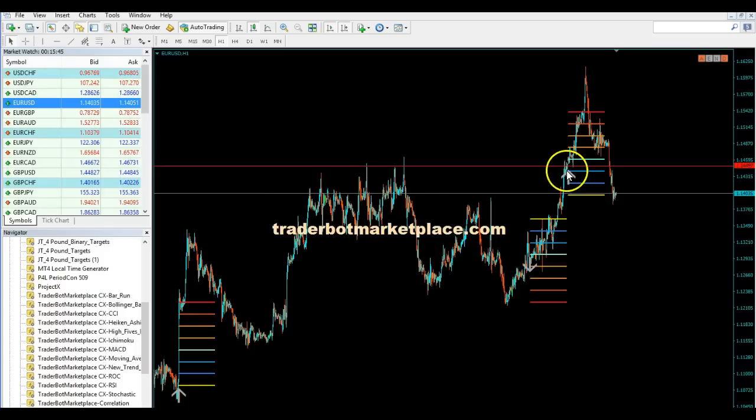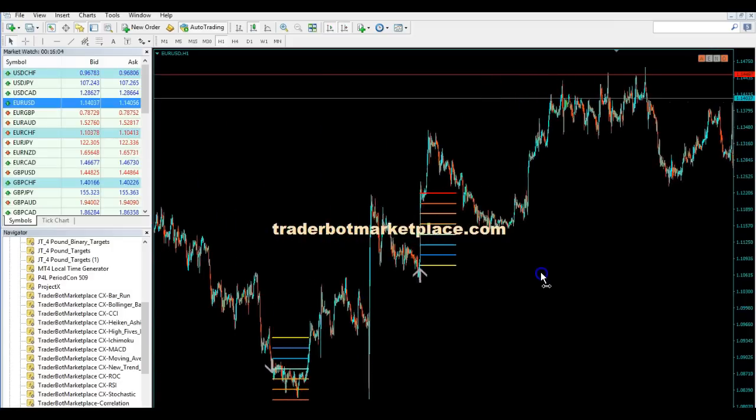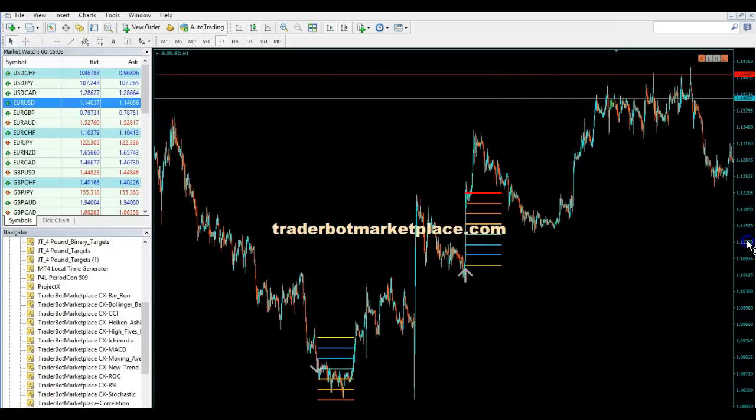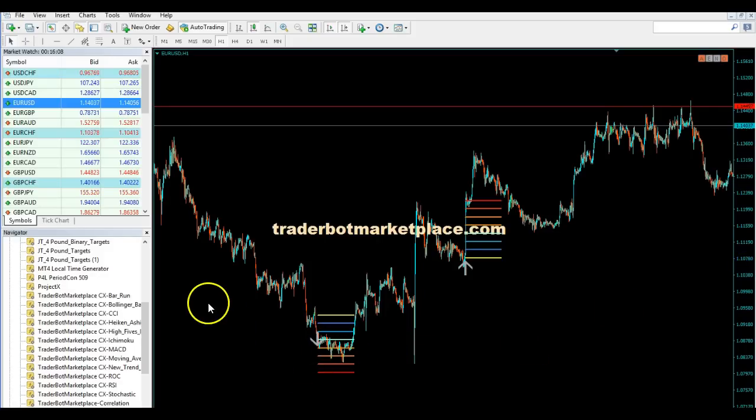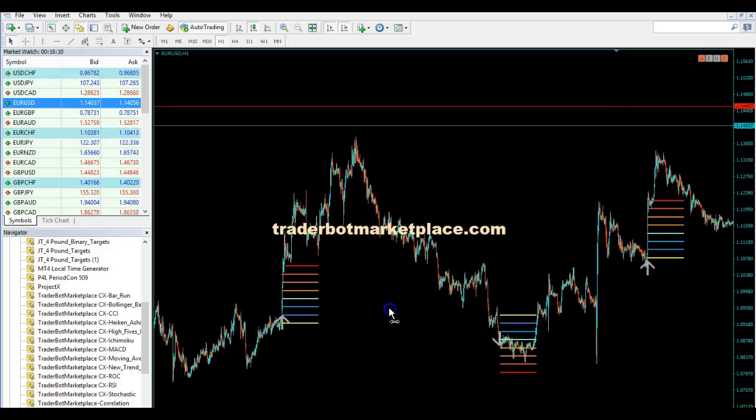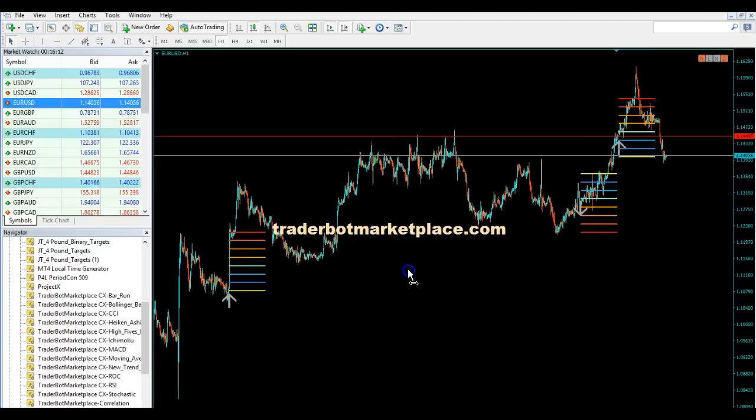But look, right here, these are 20 pips wide, so that's 20, 40, 65 pips that it gave you before it turned right back around. Here, you lost 65 pips. Here you made 65 pips. Here you lost 65 pips. Here you made 65 pips.